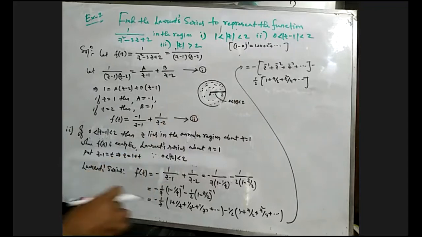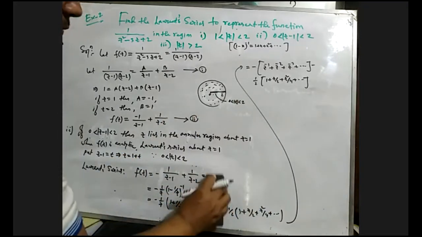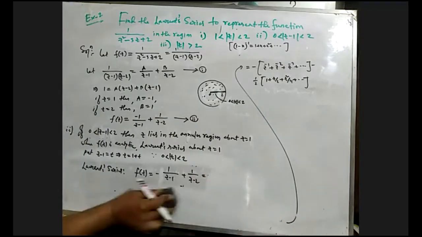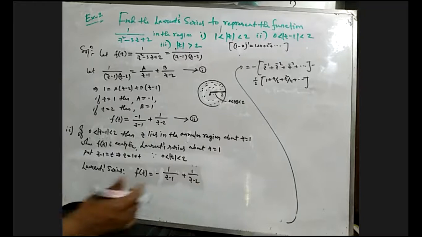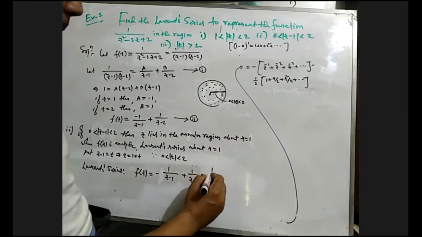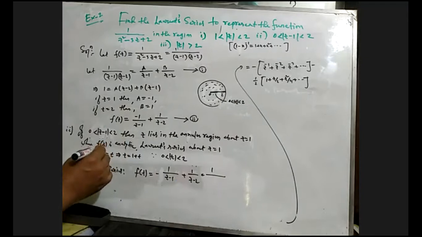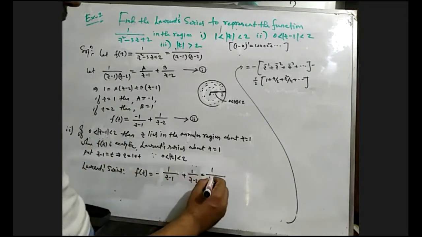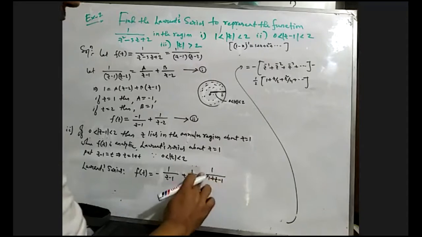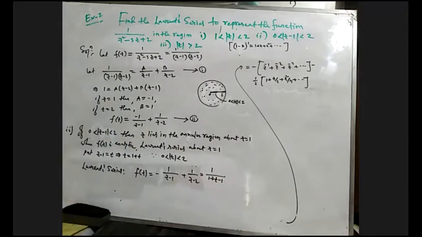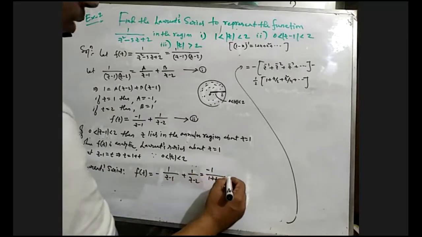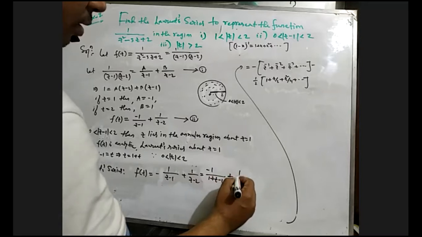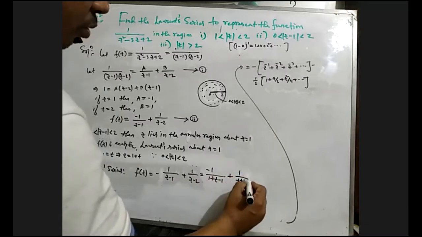Now the Lorentz series will be what? For the second annular region, z equals to 1 plus t, right? 1 plus t minus 1, and for the second one, t plus 1 minus 2.